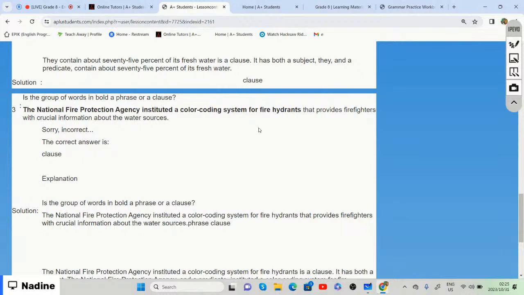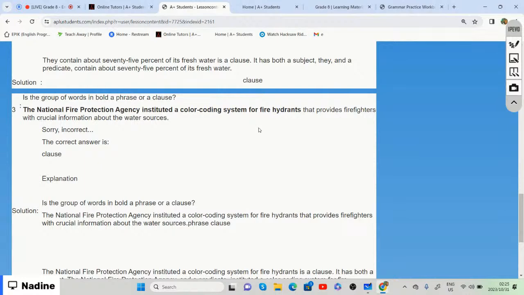So we now need to say if the words in bold are a clause or a phrase. If we look at the words in bold, it says the National Fire Protection Agency instituted a color coding system for the fire hydrants.